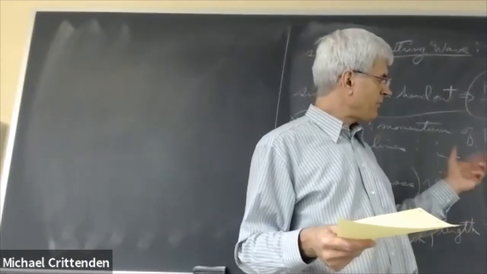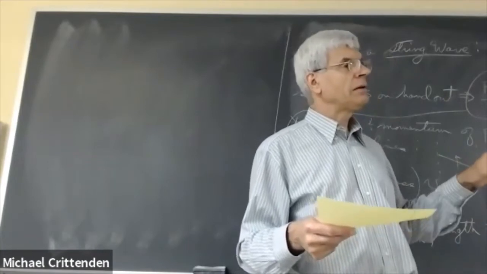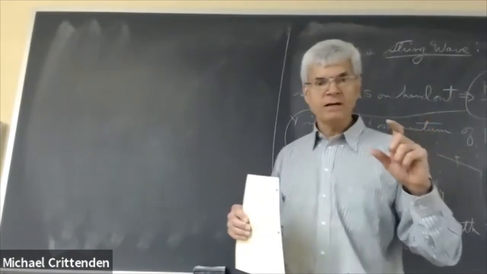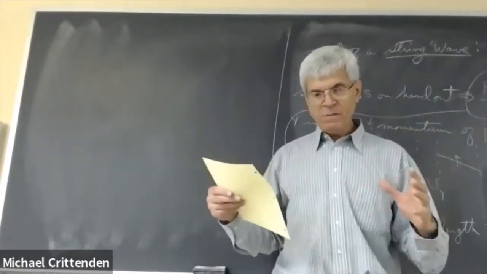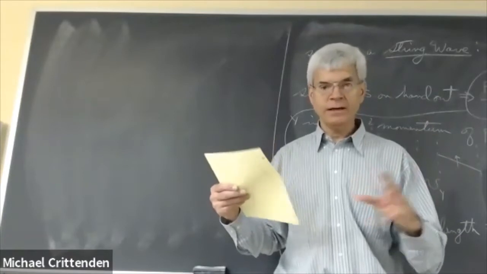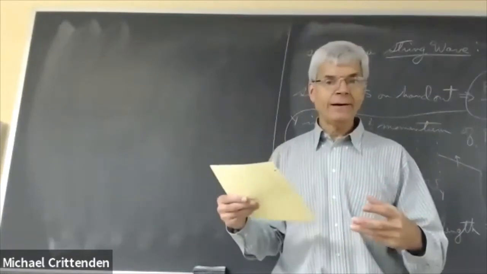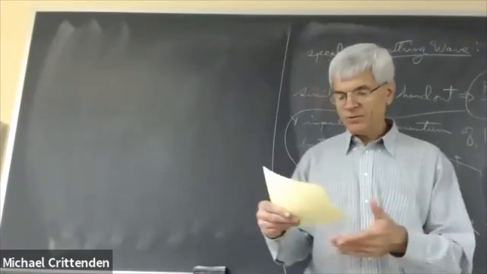Up in the top of the fraction where the string tension is, well, that part's a little different. It's a property of the medium called its bulk modulus, which is a measure of how difficult it is to compress it. Okay, is it squishy like air, or is it incompressible like water, and just how incompressible is it?